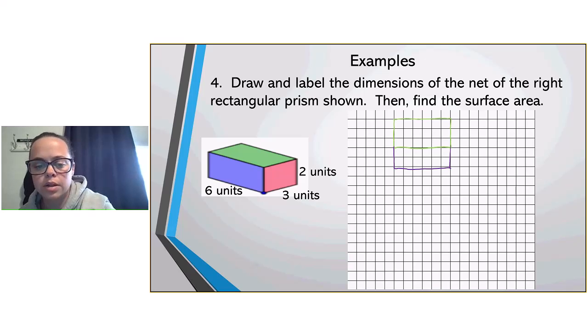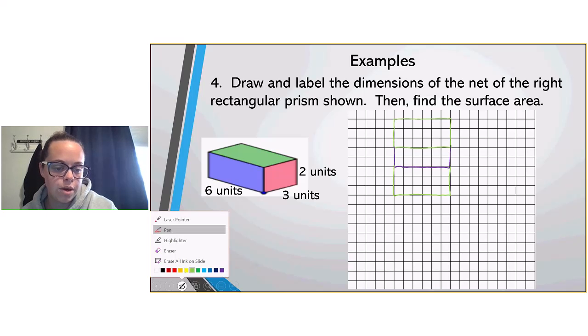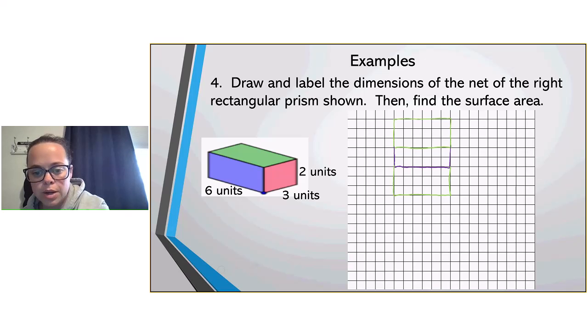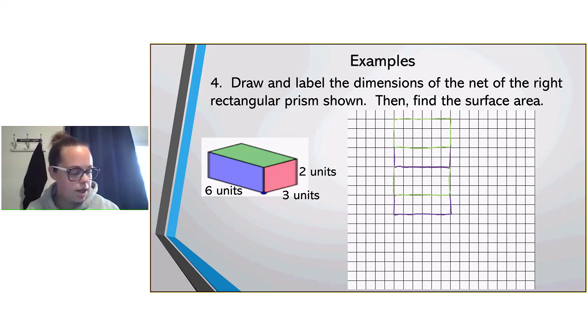Whoops, I missed that one. Draw that one again. And then green, another 6 by 3 or 3 by 6. And then you're going to have another purple, right? This is that back side, a 2 by 6.